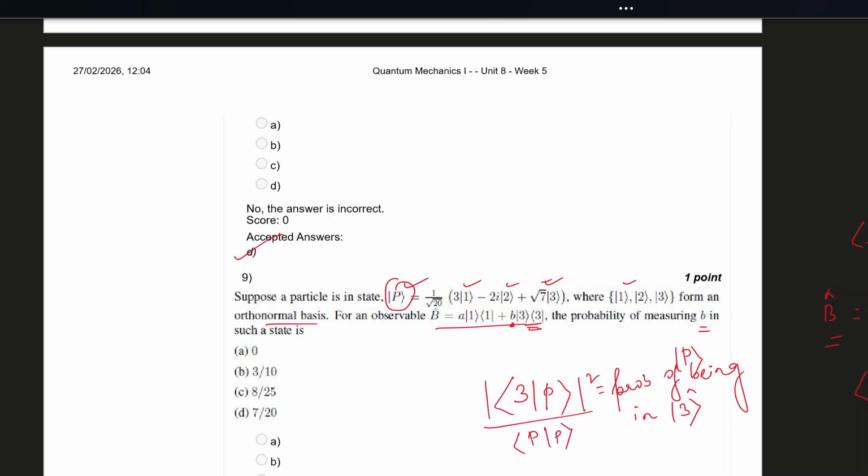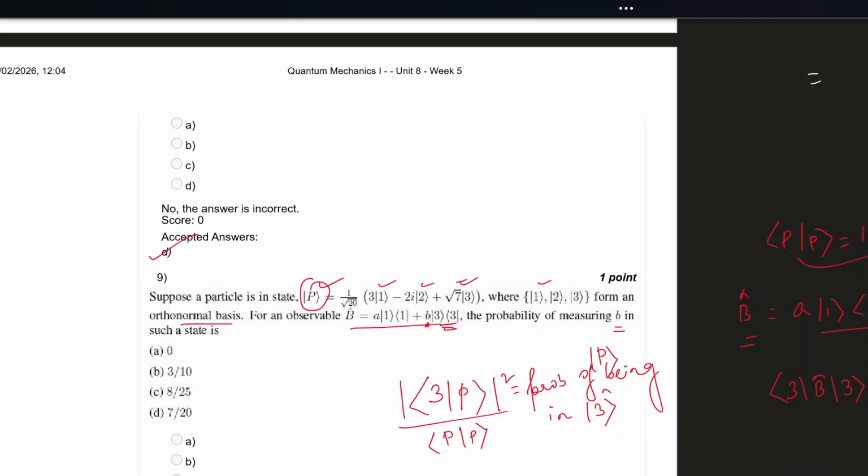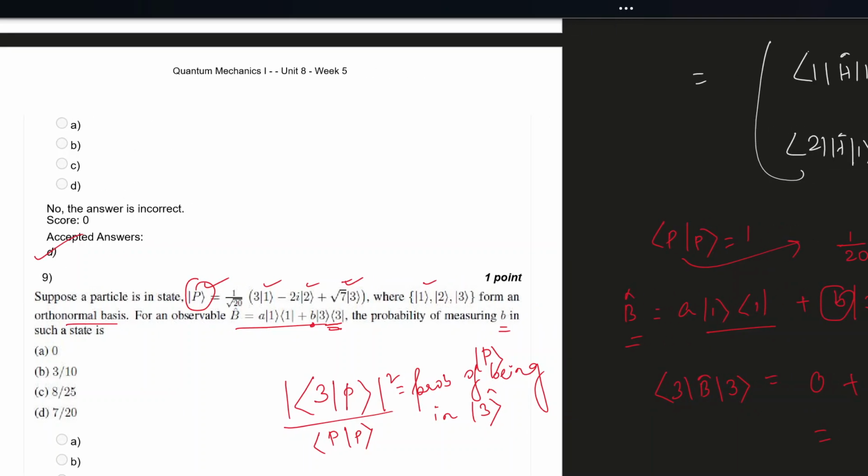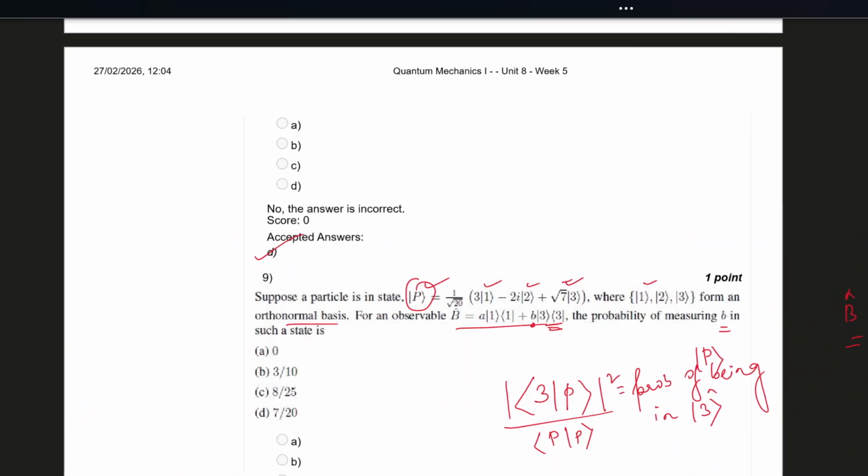Here the inner product of P with P is 1 by 20, then 3 squared, minus 2i times plus 2i is basically minus 4i squared, plus root 7 squared is 7. That means this is 1 by 20 times (9 plus 4 plus 7), which is 20 by 20, which is 1. So it is already normalized.